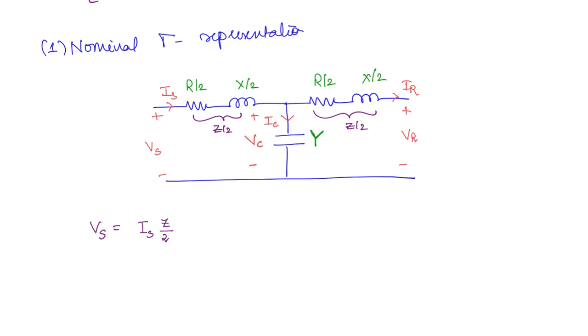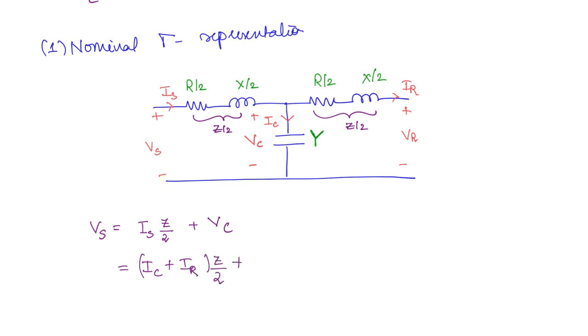Okay, Is into Z by 2 plus Vc. Now we want to express Vs in terms of Vr and Ir. Okay, so we will simplify this further. What is Is here? Ic plus Ir. Okay, so here you can write Ic plus Ir into Z by 2.